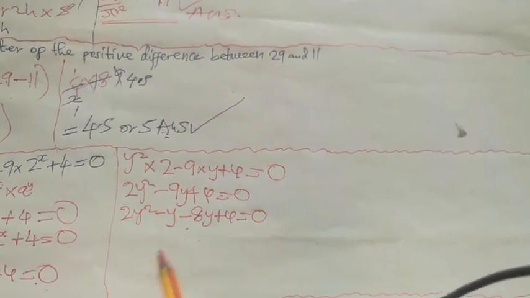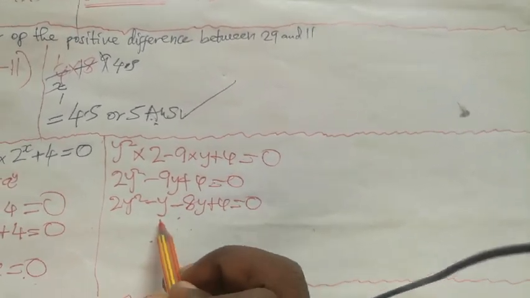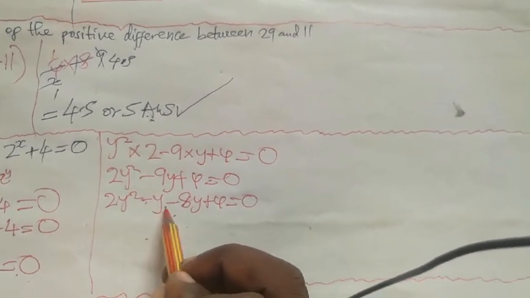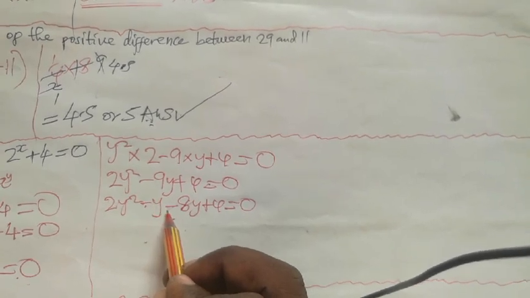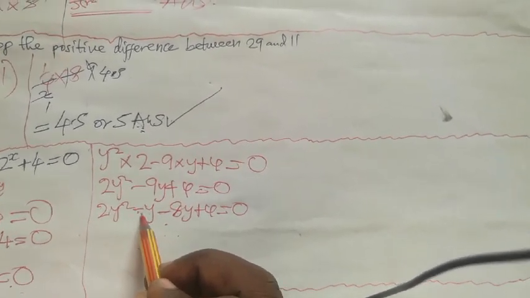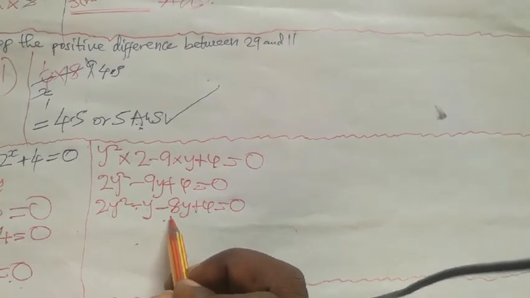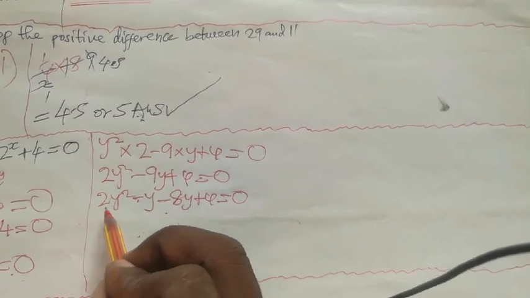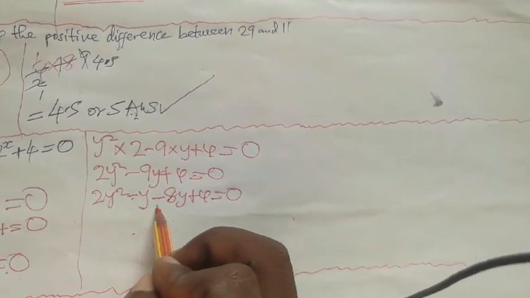Before we go to that, we split minus 9y into minus y minus 8y, so we have 2y squared minus y minus 8y plus 4.